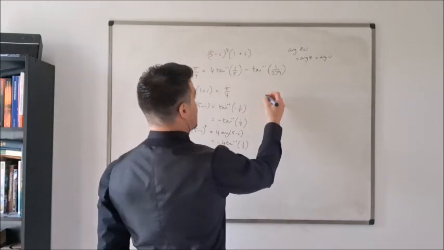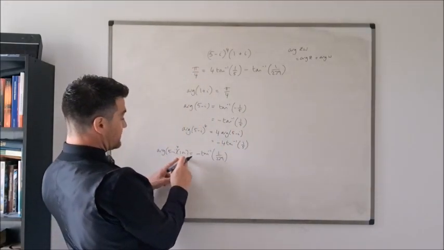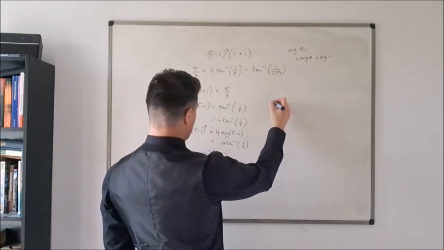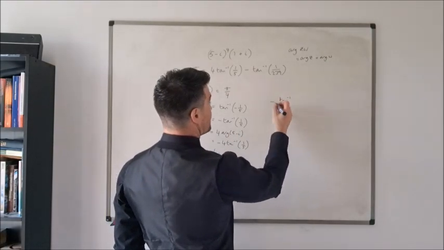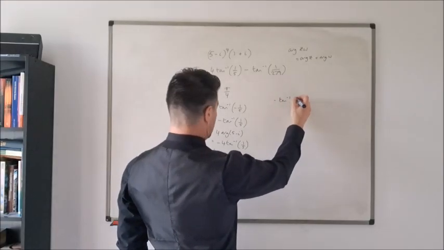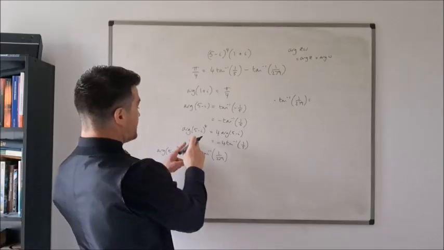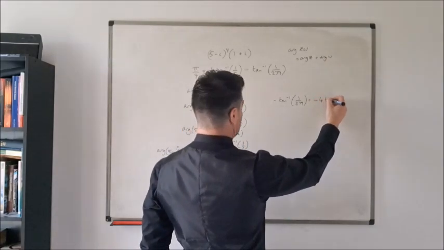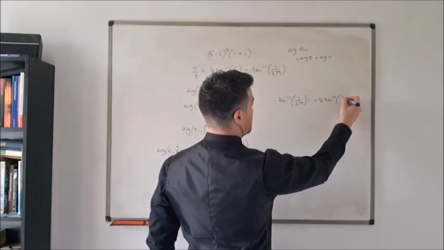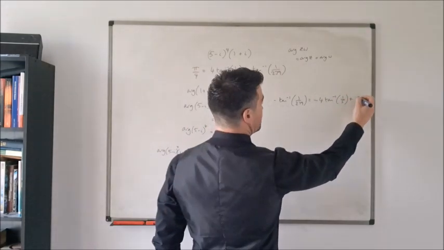So in other words, the argument of (5 minus i) to the power of 4 times (1 plus i) is equal to the argument of (5 minus i) to the power of 4 plus the argument of 1 plus i.